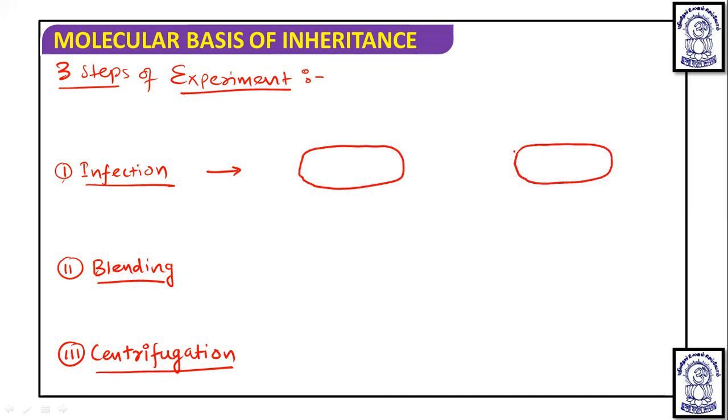So here, in infection, the bacteria are taken. These bacteria have their own bacterial DNA, and first they are infected with the bacteriophage with the S35 labeled protein capsid, which injects its DNA.